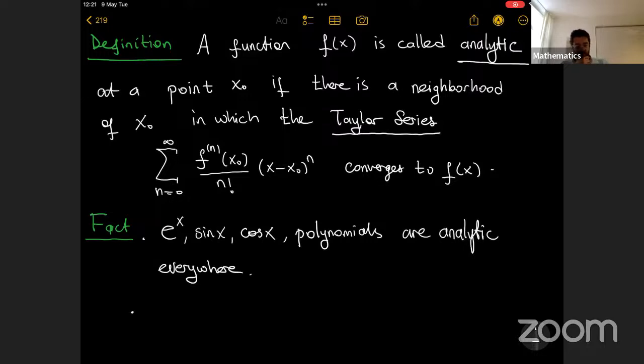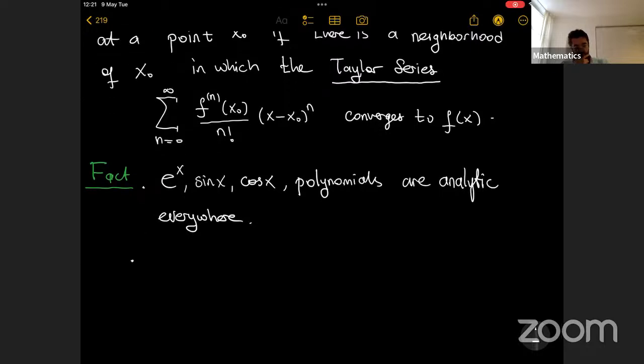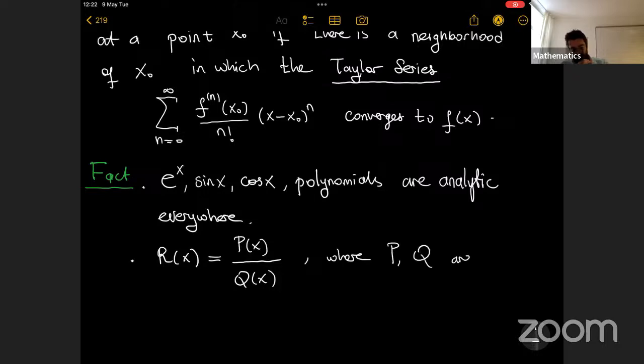What about rational functions? A rational function is a function that is the quotient of two polynomials, like p of x over q of x. Here p and q are polynomials. So it's a rational function.